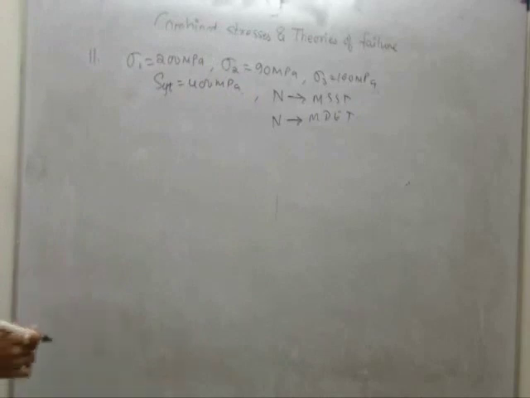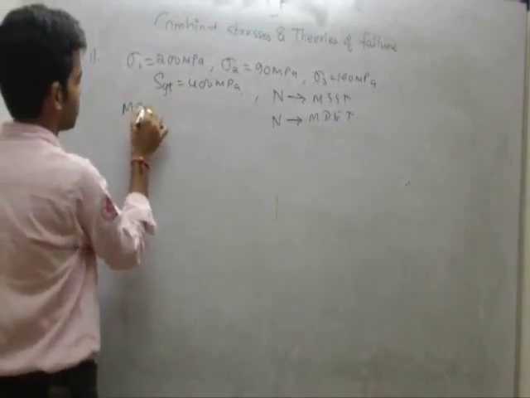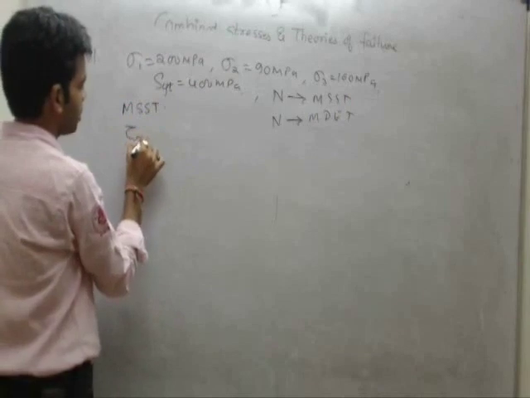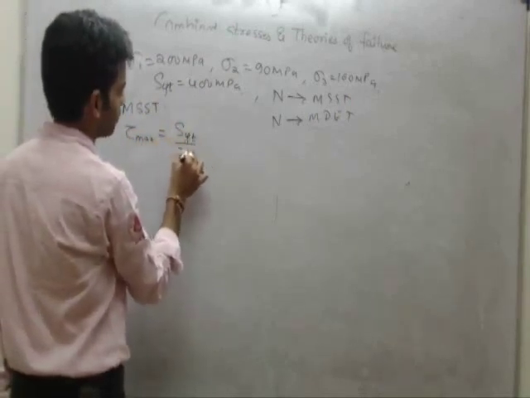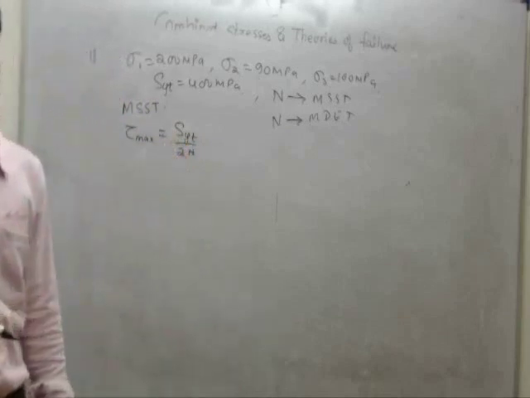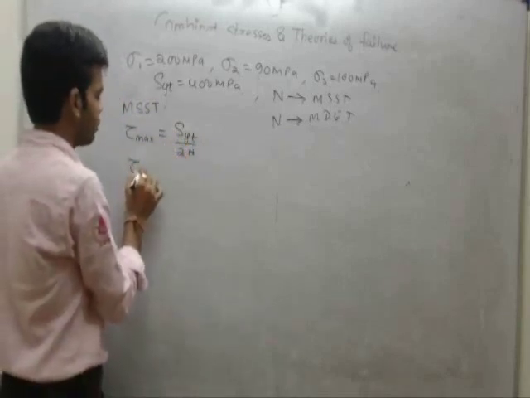Okay, how can we determine this? Now, according to maximum shear stress theory, we know what? Tau max is equal to SYT by 2n. Okay, so for this we will have to determine first the tau max. And what is tau max?